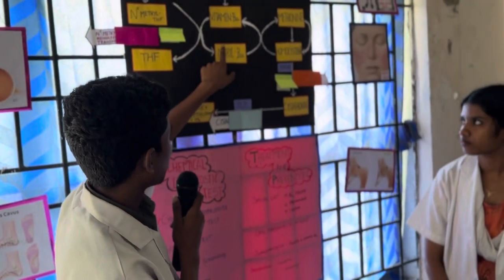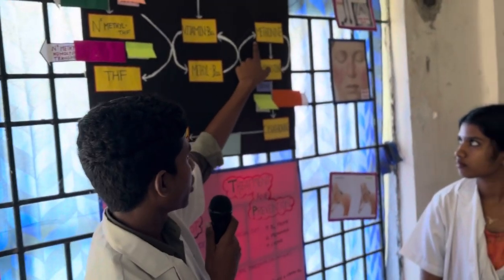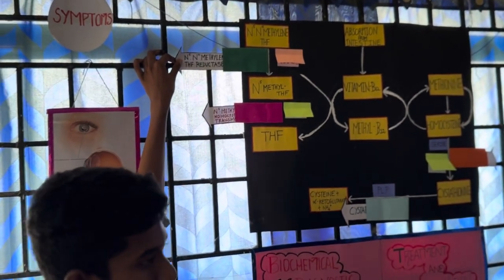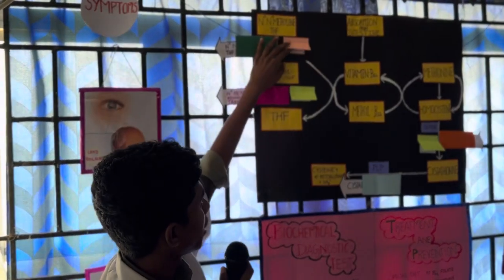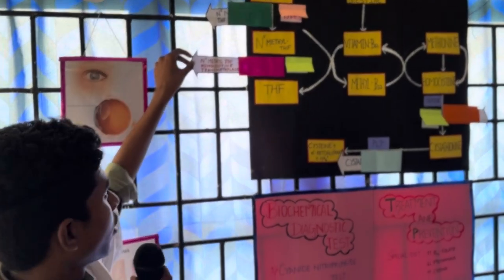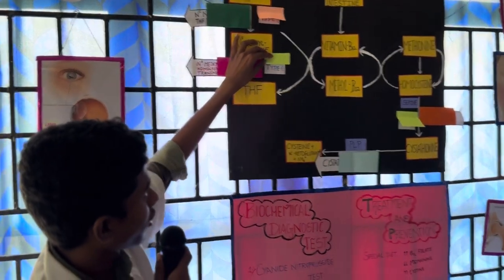And from methyl B12, it methylates homocysteine into methionine. The deficiency of methylene tetrahydrofolate reductase causes type 2 homocystinuria. The deficiency of methyl tetrahydrofolate homocysteine transmethylase causes type 3.